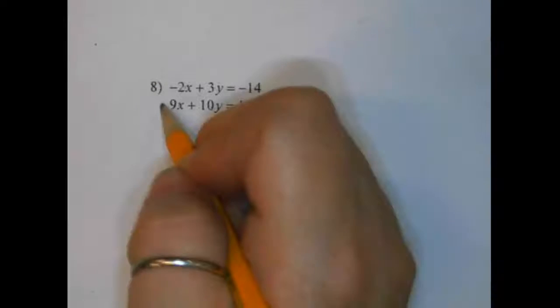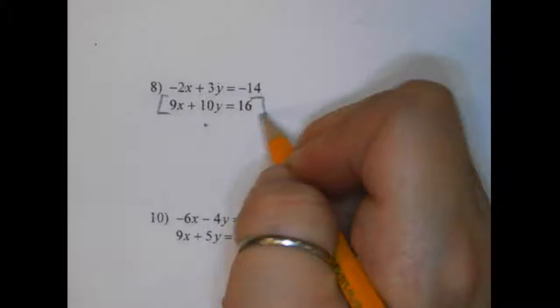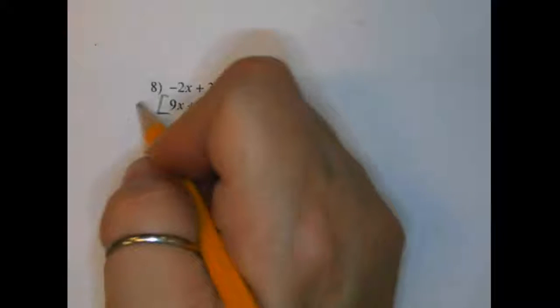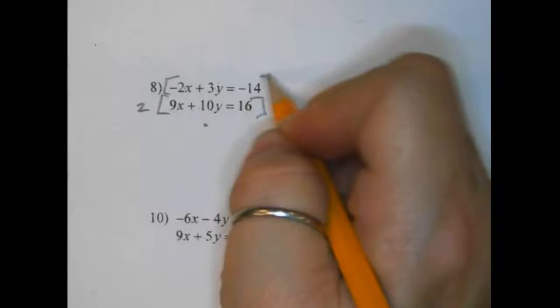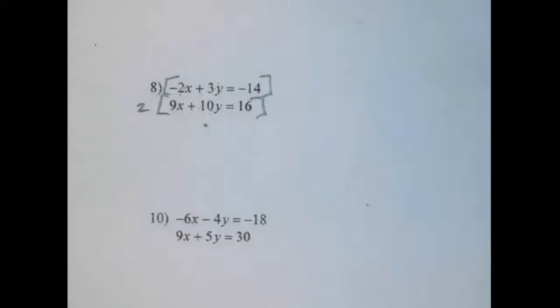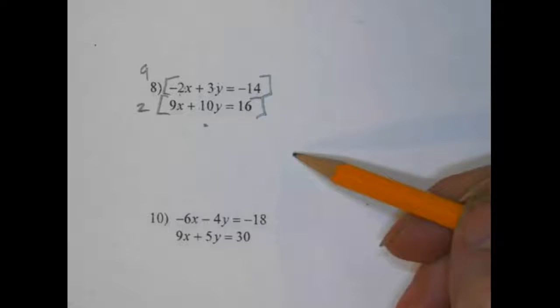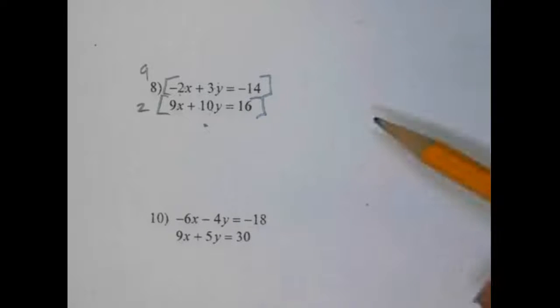So that means I'm going to have to multiply 9 by what? 9 times what is 18? 9 times 2. But I'm also going to have to multiply 2 by what? 9. So I'm going to have to multiply both my top equation and my bottom equation to get same digit, opposite sign. Okay?